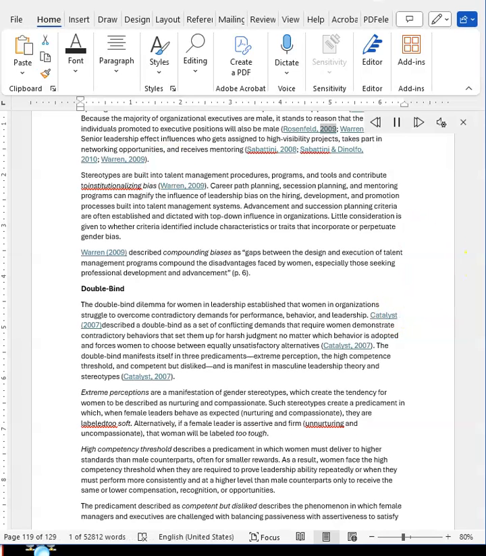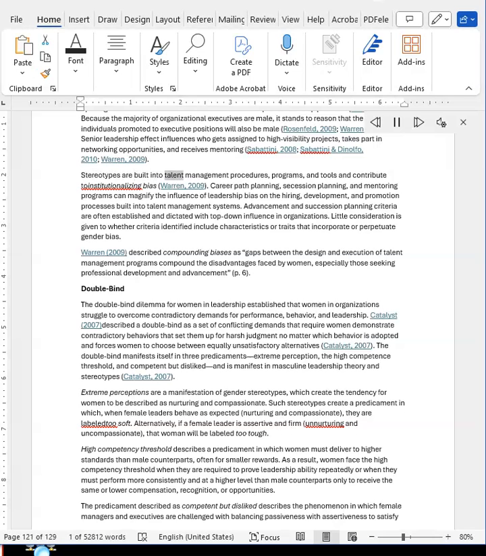Rosenfeld, 2009. Warren, 2009. Senior leadership effect influences who gets assigned to high-visibility projects, takes part in networking opportunities, and receives mentoring. Sabatini, 2008. Sabatini and Dinolfo, 2010. Warren, 2009.